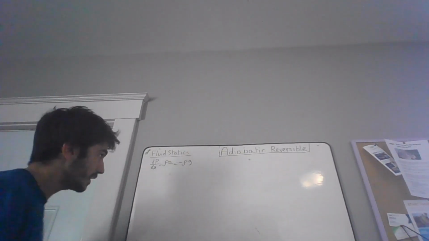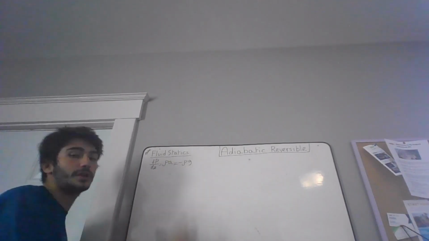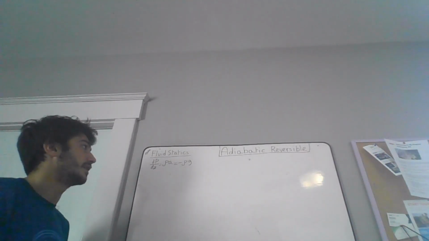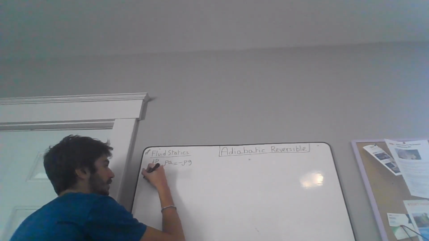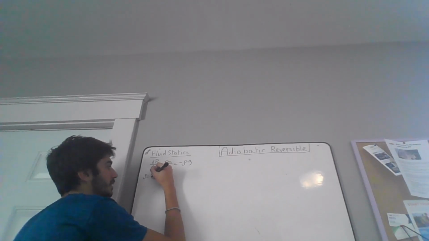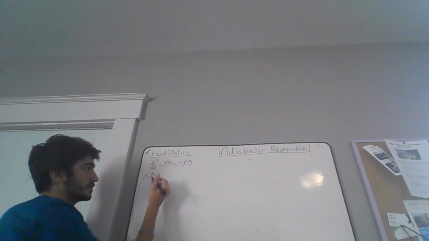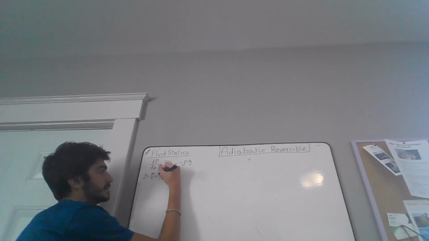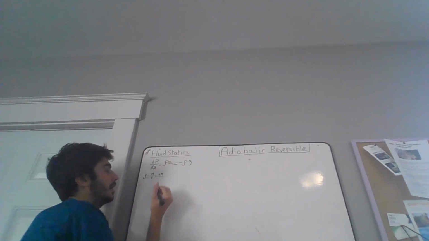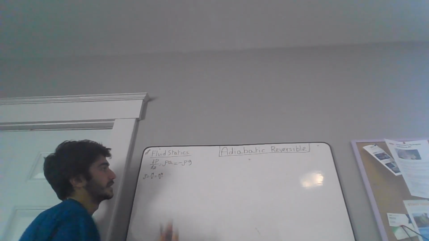Okay? Then we can take this one step further from our chemistry and ideal gas law basics, as we know what density is. The density is simply equal to the mass divided by volume. We can take this another step further: the mass is simply equal to the amount of moles multiplied by the molar mass, divided by volume again.